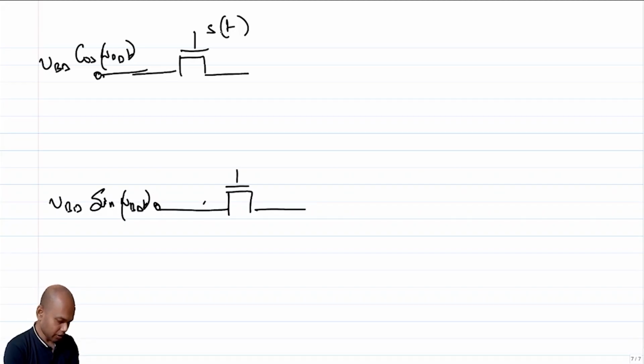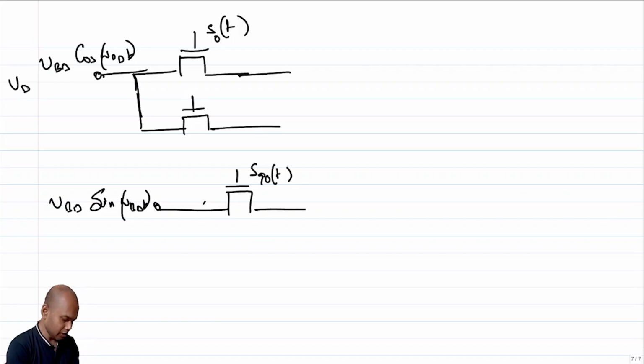Which you are being, let me call this S0T and let me call this S90T, right? And obviously, to ensure that you do not have the DC signal also, if I say I have VDC plus, I have VDC plus, so you connect these two.